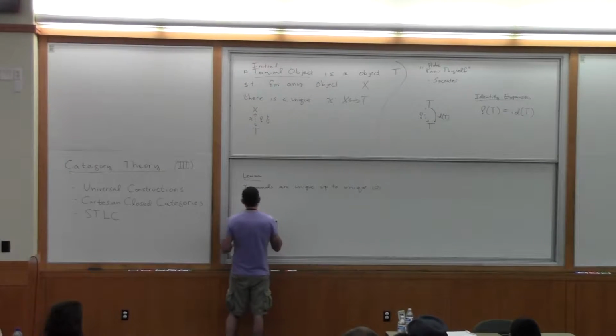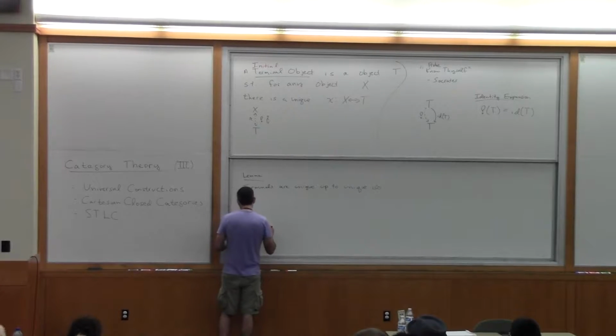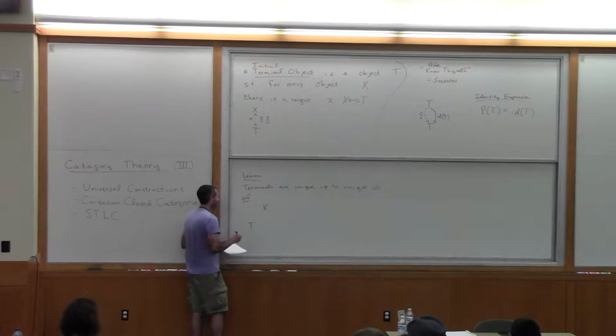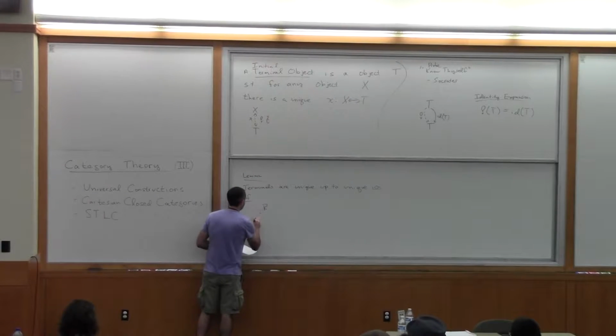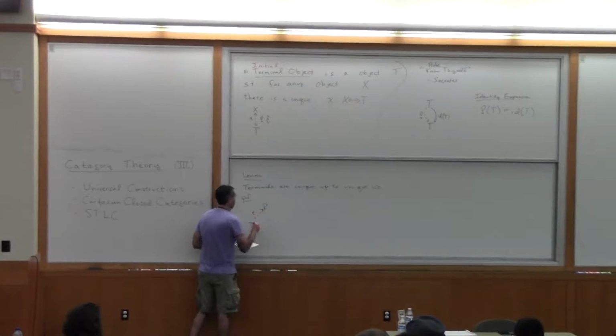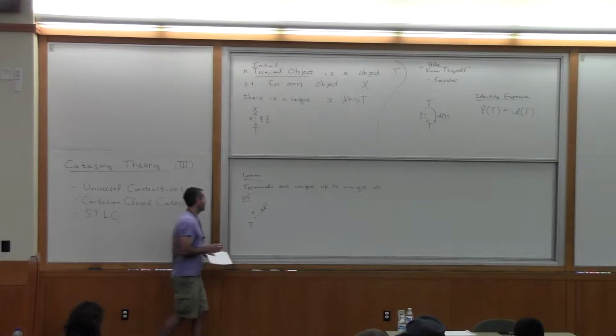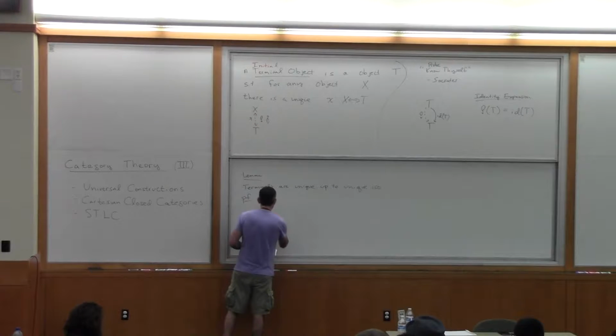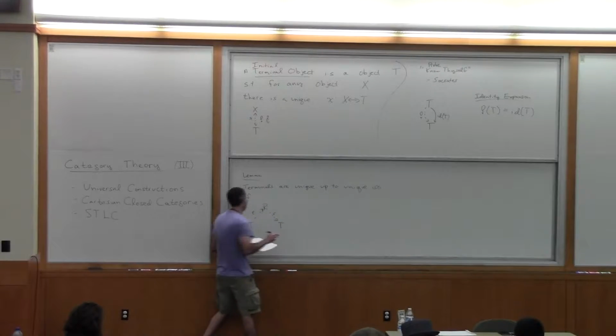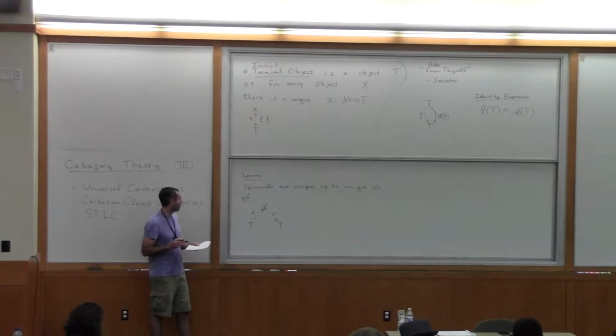So say we have two terminal objects. We have T and R, and they're both terminal. Because R is terminal, there's a unique map from T to R, which I'll call little t. And because T is terminal, there's a unique map from R to T, which I'll call little r. I hope I didn't say the wrong thing there.